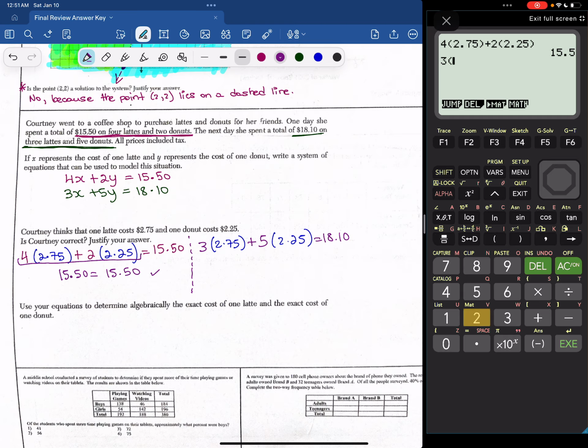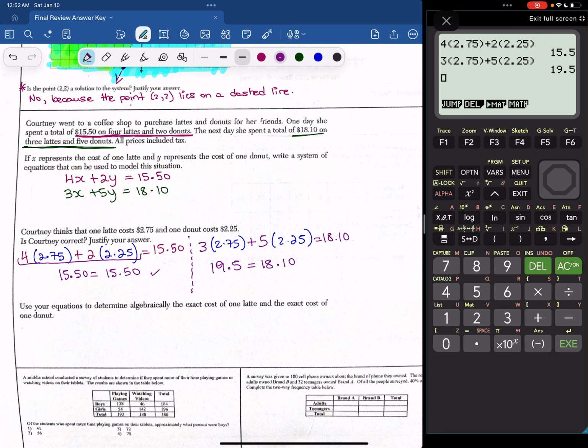3 times 2.75 plus 5 times 2.25. That's equal to 19.5, so $19.50. So 19.5, bring down the 18.10.